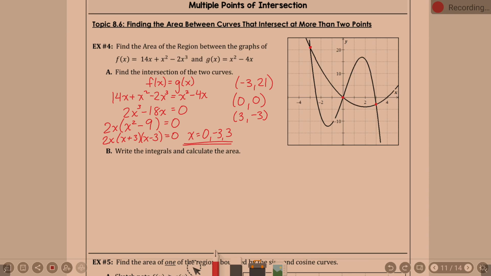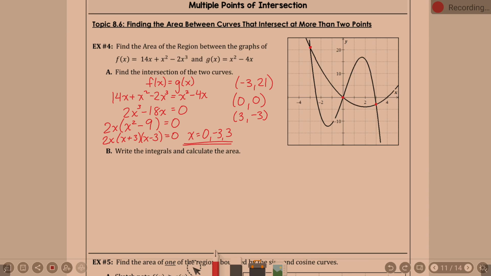Now, I personally plugged mine into g because that was the easier one to do mentally. Again, it doesn't matter. It's the same f and g. So I have negative 3, 0, 0, and 3, negative 3. Okay. Now, those points are going to be important. You have to know them for fact. You can't just say the graph kind of looks like it crosses there. Unless you're looking at your calculator, you don't know for sure if this is drawn accurately.